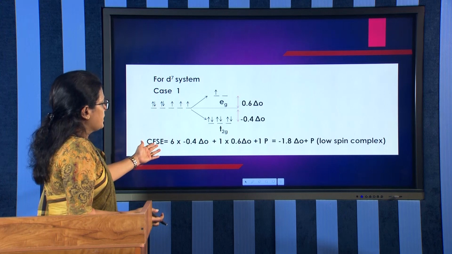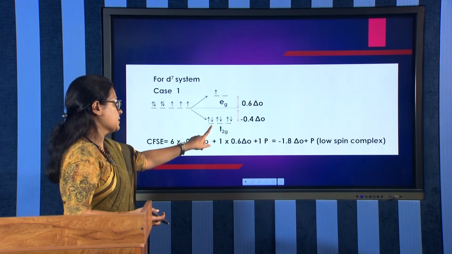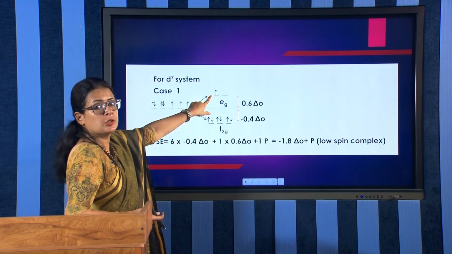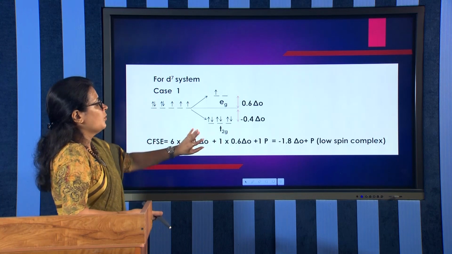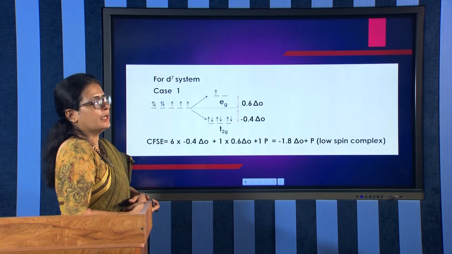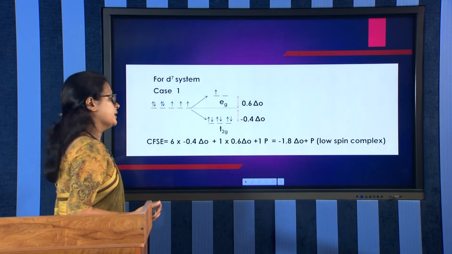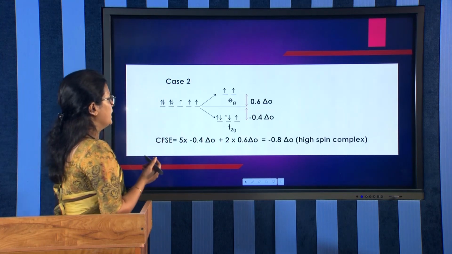Now the crystal field stabilization energy can be calculated: number of electrons 6 into minus 0.4 delta O, plus how many electrons in the eg? 1 into 0.6 delta O, plus what is the pairing energy in this case? It is only one pairing energy. Why is it one pairing energy? That will be clear if we look at case 2.